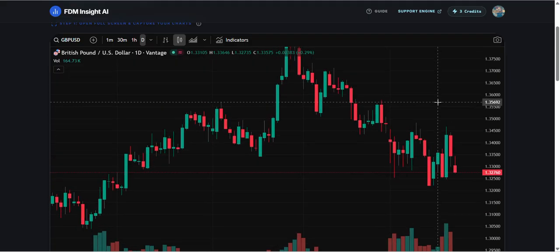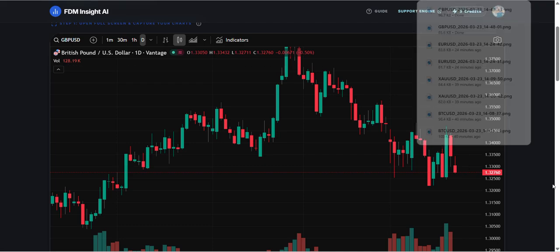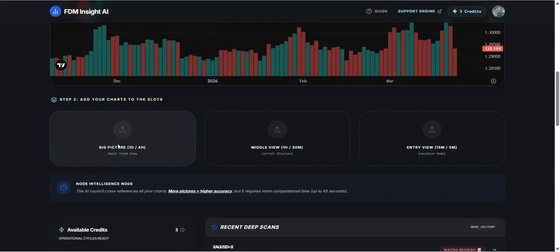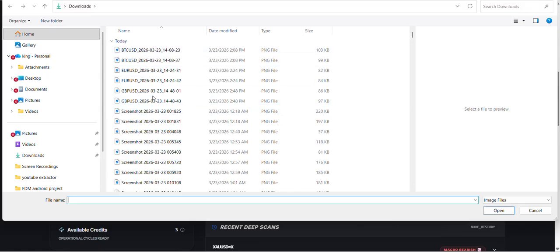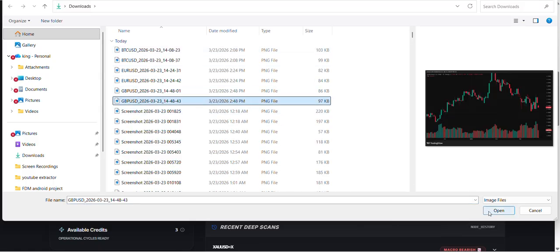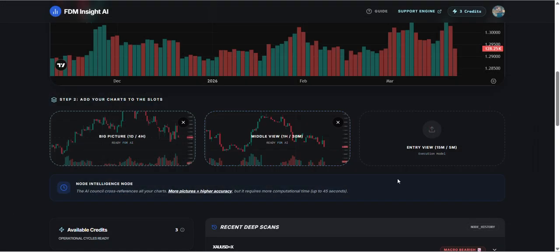Let's take a screenshot here. Now, big picture: for the higher time frame I'm going to use the daily screenshot, and for the mid time frame I'm going to use the 1H screenshot.